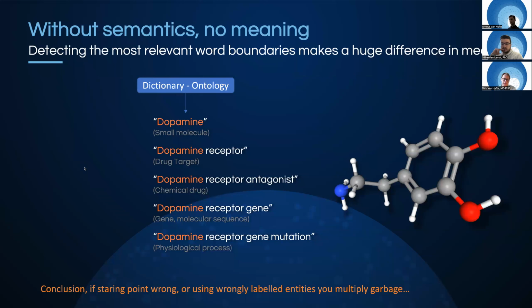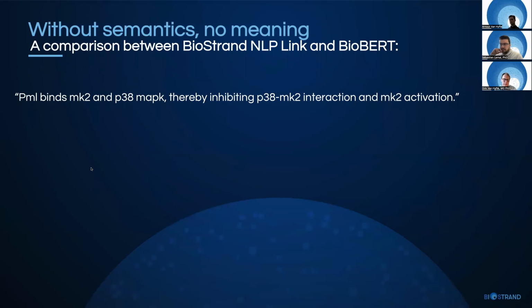So the solution is that only working with dictionaries or ontologies is not the right way to go further. That's also why we have looked at new techniques like transformers, especially BioBERT and that kind of AI machinery, and see how well they are doing in capturing the semantic meaning.